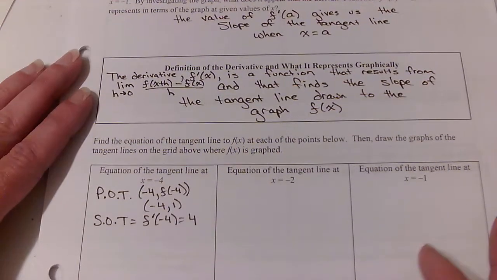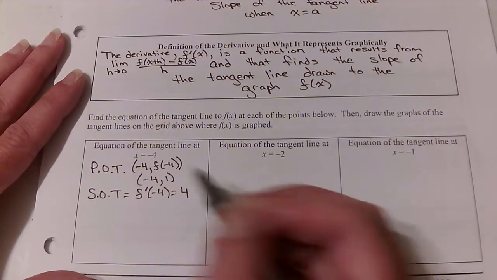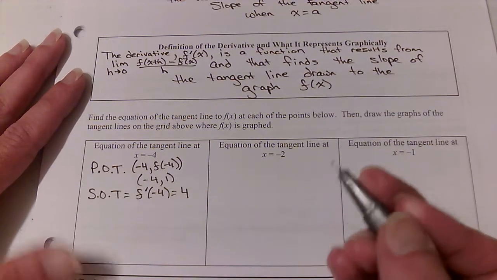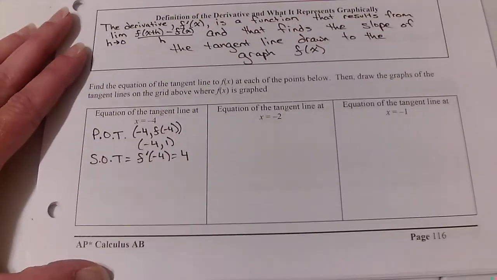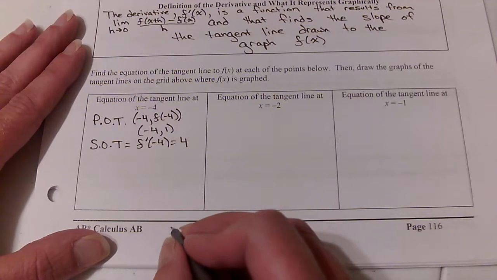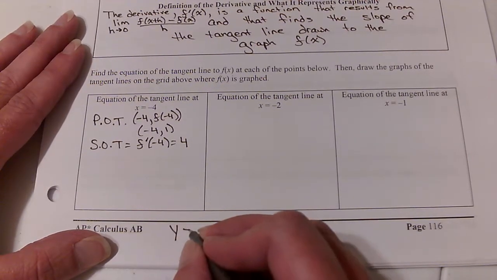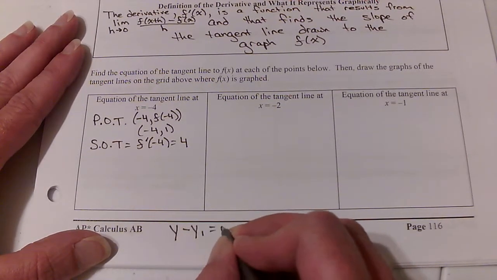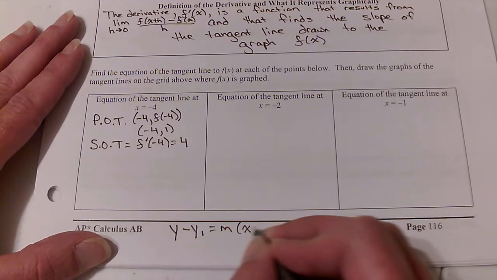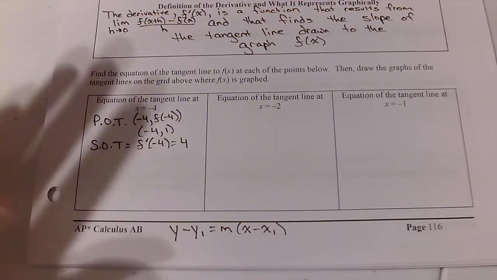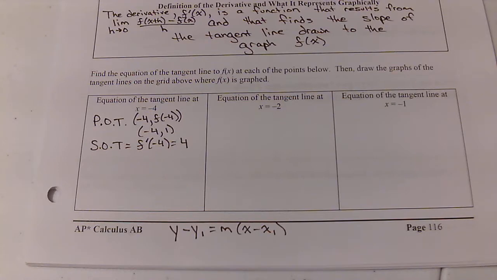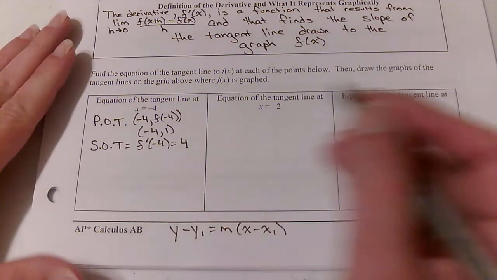Now, how do I write the equation of a line when I have the point and I have the slope? Well, the easiest way to do that is y minus y1 equals m times x minus x1. That is the best way to do it. That finds the equation of a line really easy.